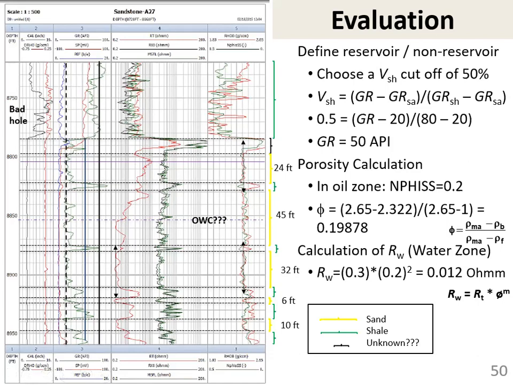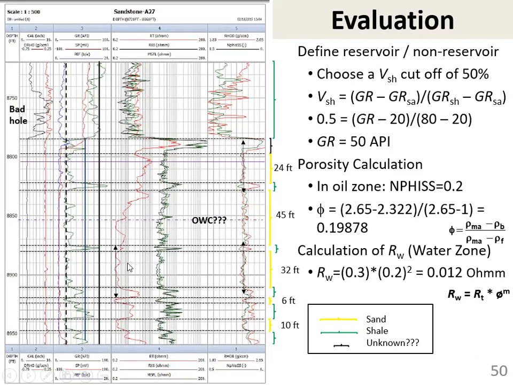So if I remember, after you identified the reservoir and non-reservoir units, the next thing is to identify the water leg.